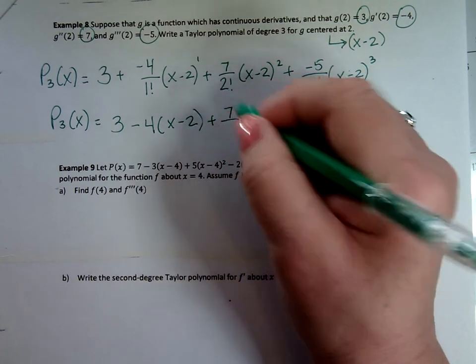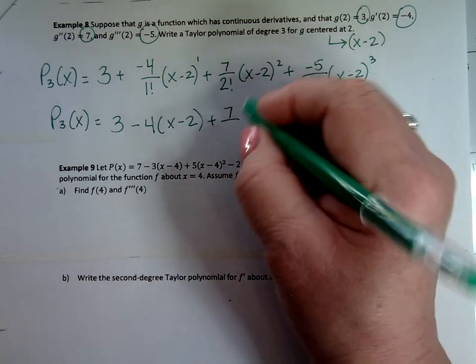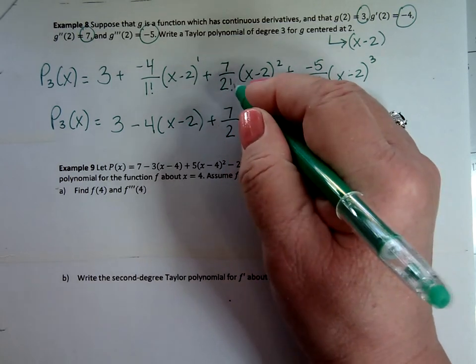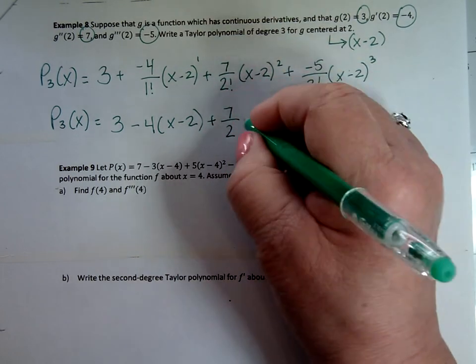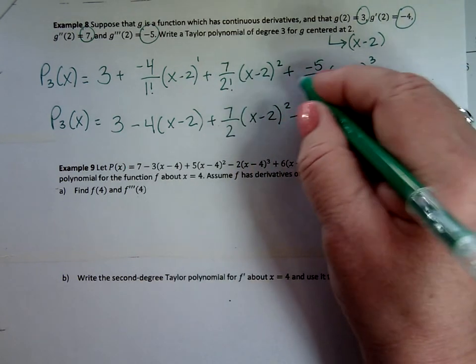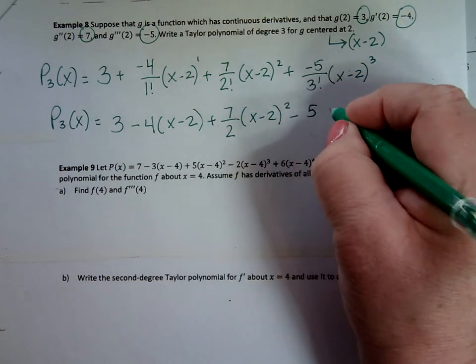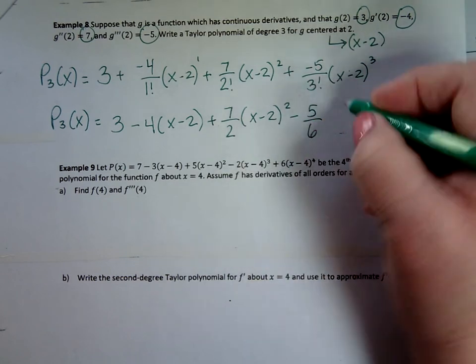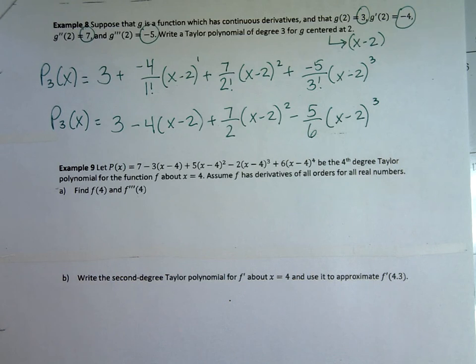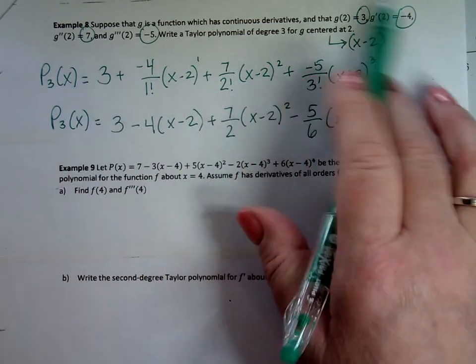There's really no right or wrong for that, but we'll just make it pretty because this is a pretty simple one. 7 over 2 times 1, (x minus 2) squared, minus 5 over 3 times 2 times 1 is 6, (x minus 2) cubed. And there it is. You just generated it. They gave you all the work right there. So they did most of the work for you, just giving it to you in those answers.